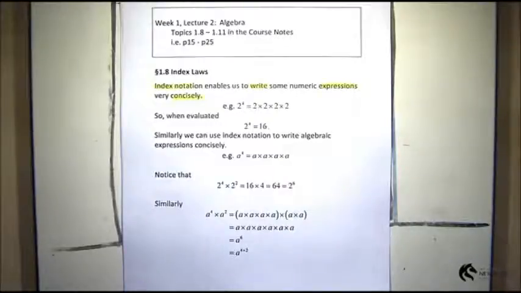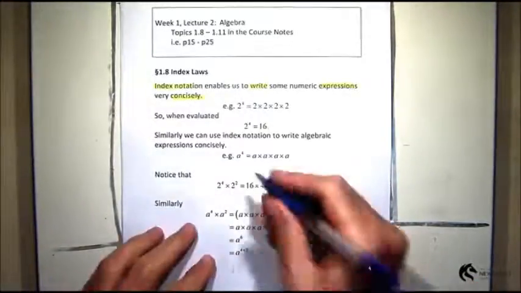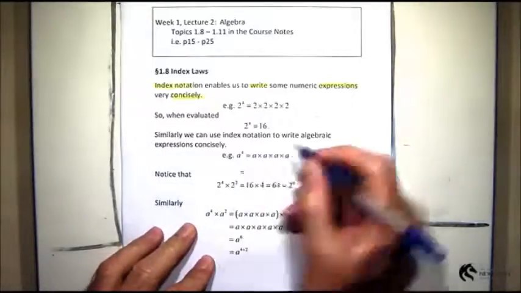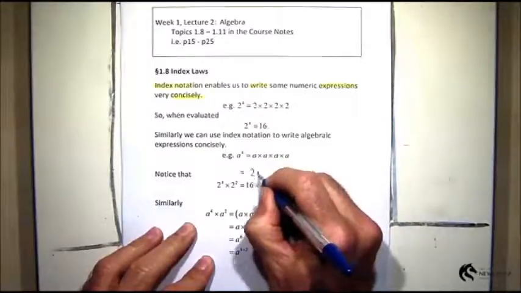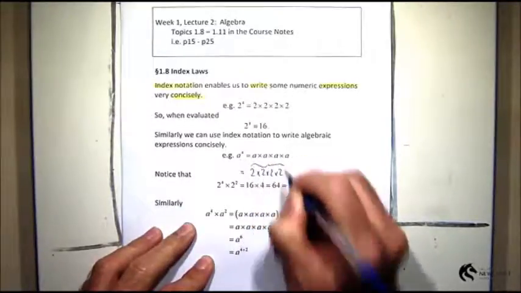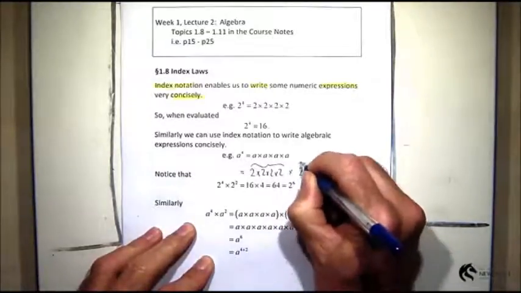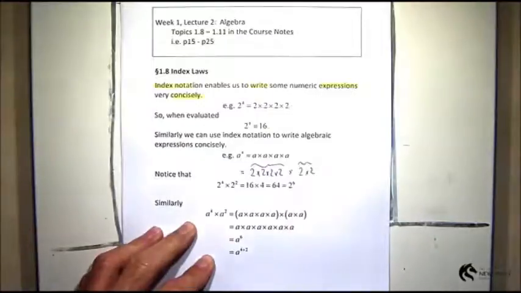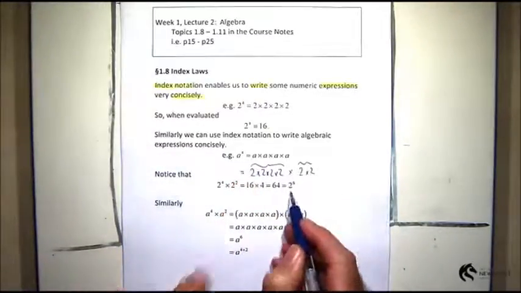Now, notice in our index notation that if I have 2 times 4 times 2 times 2, we could say that's 16 times 4 and hence get 64, but I could also say it's 2 times 2 times 2 times 2, there's 2 to the power 4, times 2 times 2, there's 2 to the power 2, and you can see here I've got 2 times itself 6 times, so I get 2 to the power 6.